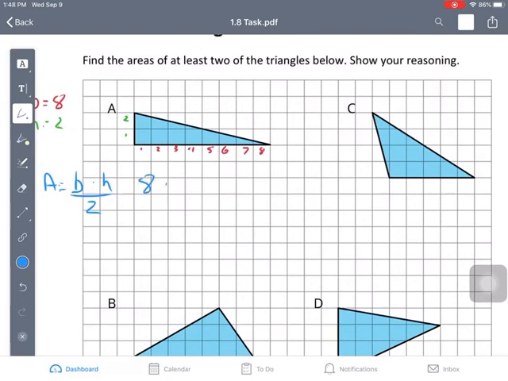My height is 2. 8 times 2 is 16. 16 divided by 2 is 8. Now the only thing that I do need to do on this one is add the units: 8 units squared.